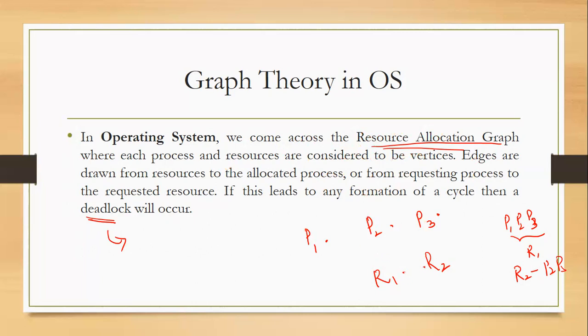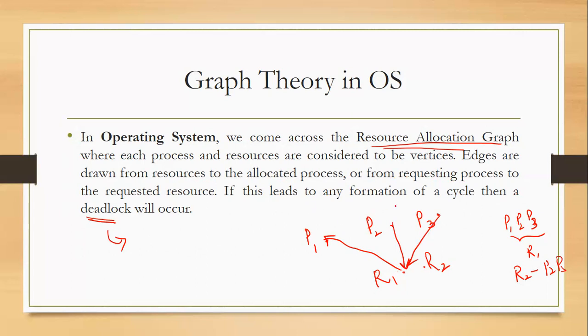If I give the resource R1 to P1, we can draw an edge between them. Edges are drawn from a resource to the allocated process, or from a requesting process to the requested resource. So R1 is being given to P1 while P2 and P3 are requesting the resource. This kind of graph is known as a resource allocation graph.